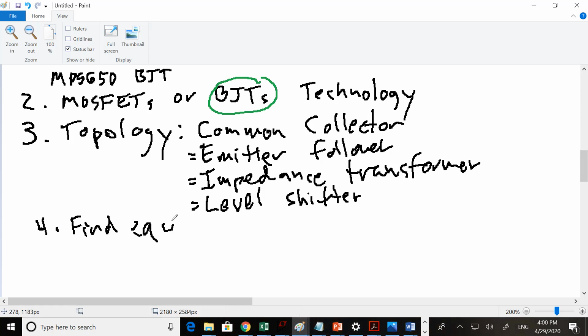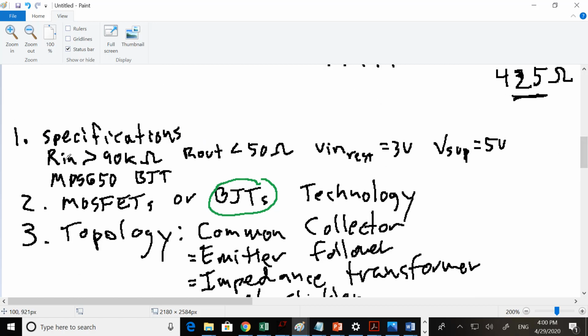The equations that you want to find are for things that were given in the specifications. So in the specifications, they gave you Rin and Rout.